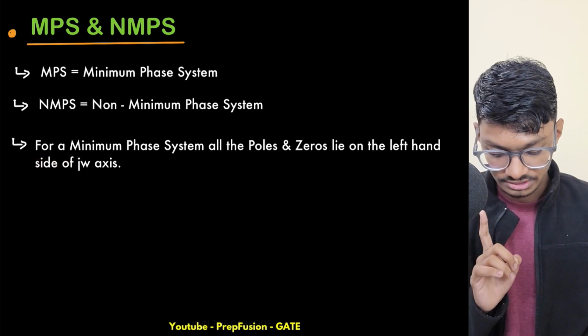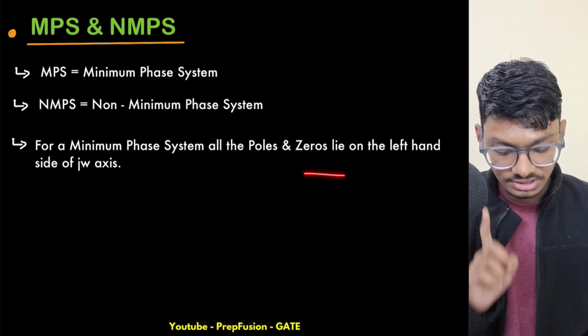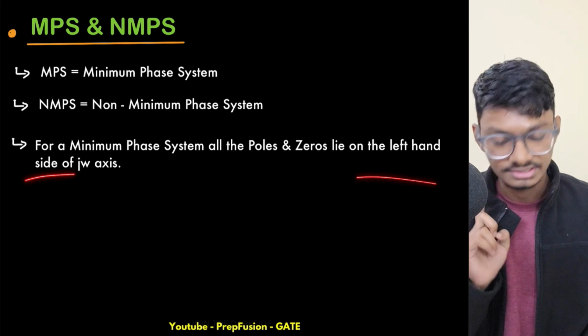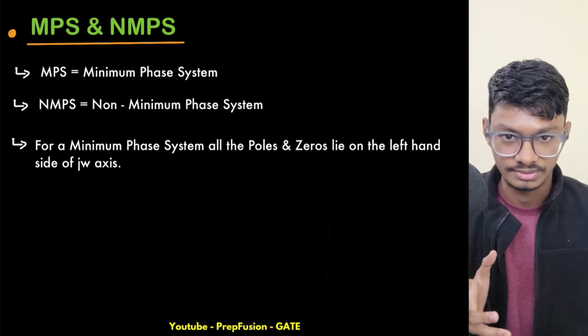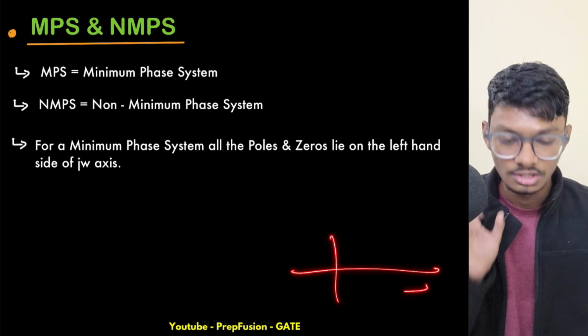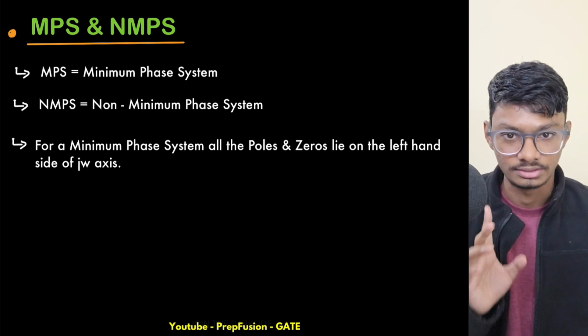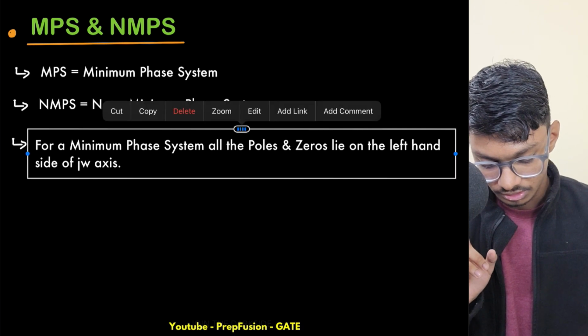For a minimum phase system, all the poles and zeros should lie on the left hand side of the j omega axis. Basically, if we have an s plane, all the poles and zeros for a minimum phase system should lie on the left hand side. Very important, they should lie on the left hand side.